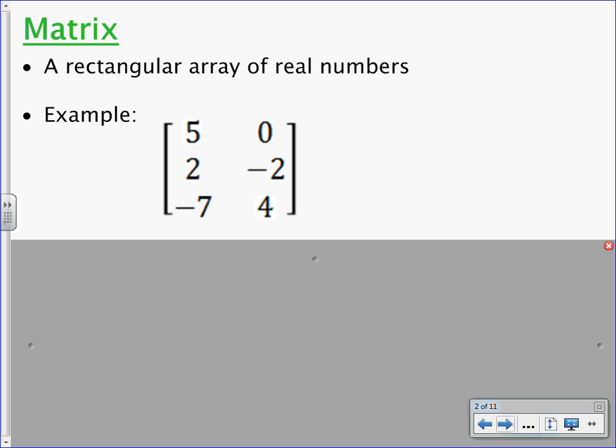Without actually being a table. So it's just a rectangular array of numbers. We have rows and columns, and then we have these little bracket things around the entire thing, so we know that it is a matrix.